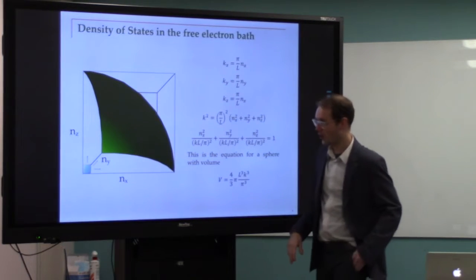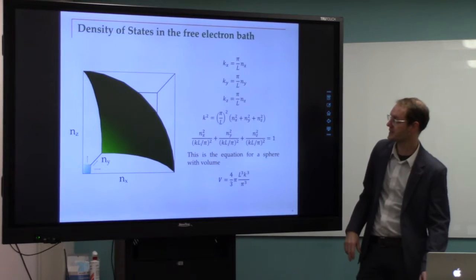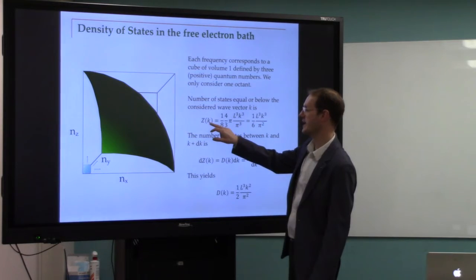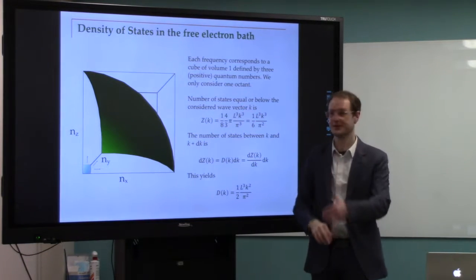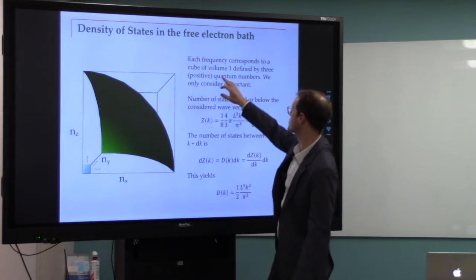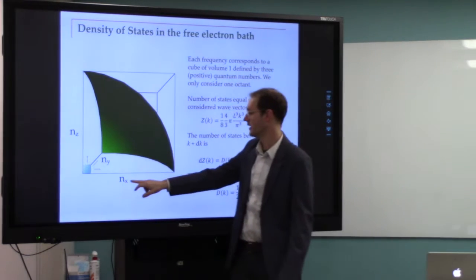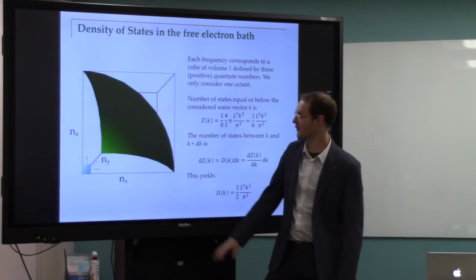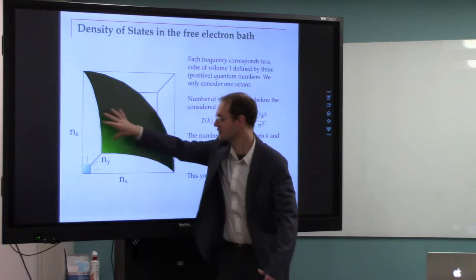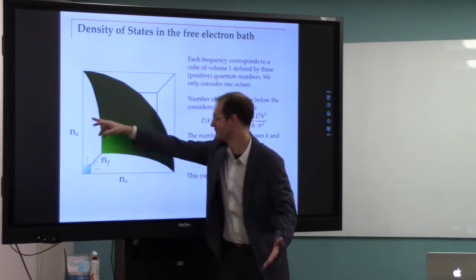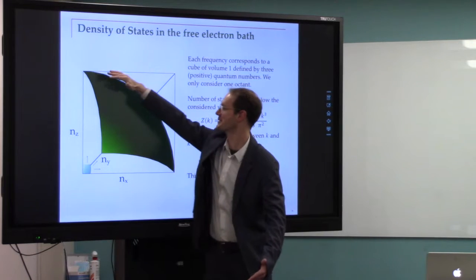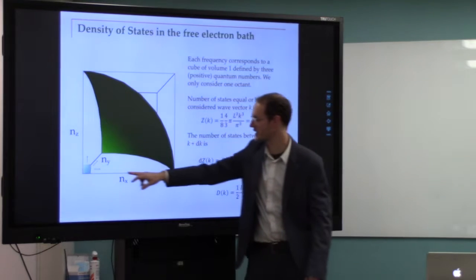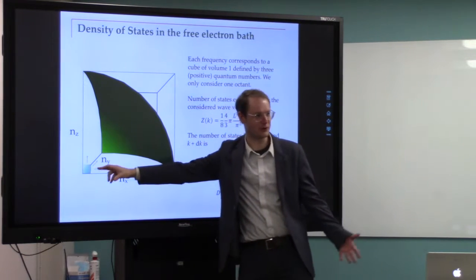And so if we want to know how many states there are that have a wave vector k or less, then each allowed state corresponds to 3 positive integers, nx, ny, and nz. And so all of the allowed values of nx, ny, and nz that are below some value k is given by 1 octant of the volume of a sphere, because each state in this picture represents a cube of volume 1.